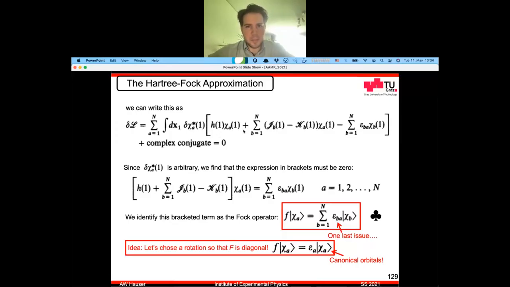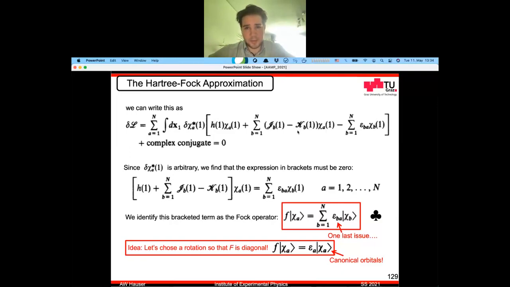Then I see that I have my one electron contribution, which would be this variation delta chi A, H, and then chi A again. Then I have my newly introduced operators, the Coulomb operator J B and the exchange operator K B. But note that I have to sum over all the electrons in my system, right?